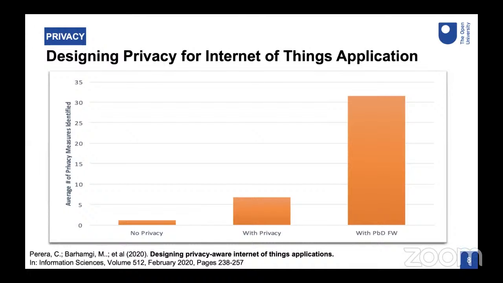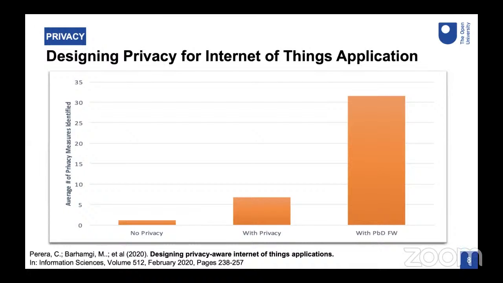When we asked the designers to think about privacy, they came up with a few more examples of privacy features, privacy measures that could be integrated into their application, but not that many more. So where they, on average, for each design came up with less than 5 with no privacy. When they were told to think about privacy, they could only come up with about 6 or 7 on average.